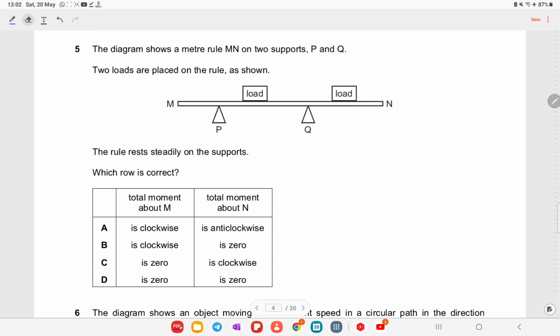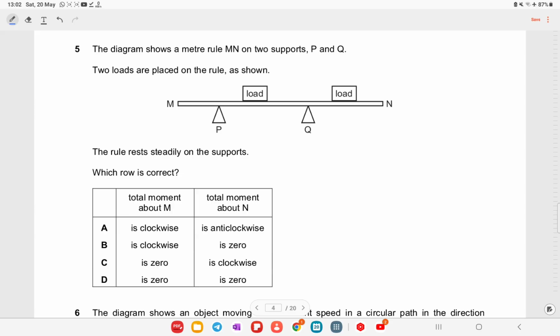The diagram shows the meter rule MN on two supports P and Q. Two loads are placed on a ruler as shown. The rule rests steady on the supports. Which row is correct? So we have to find out which row is going to be the correct one.